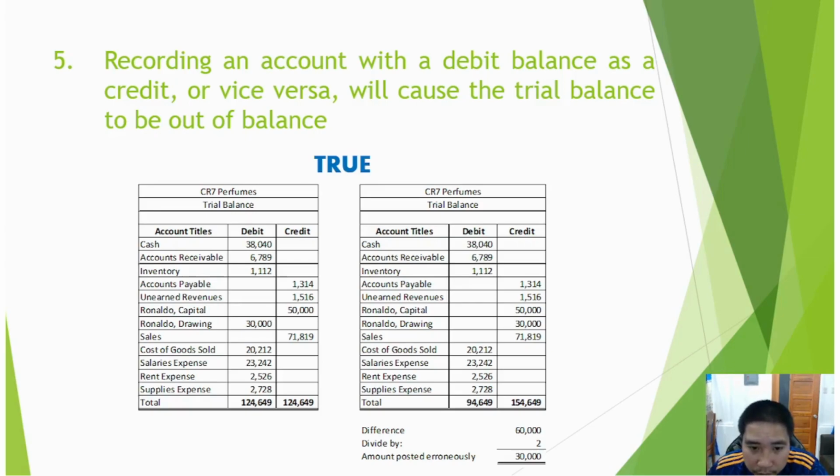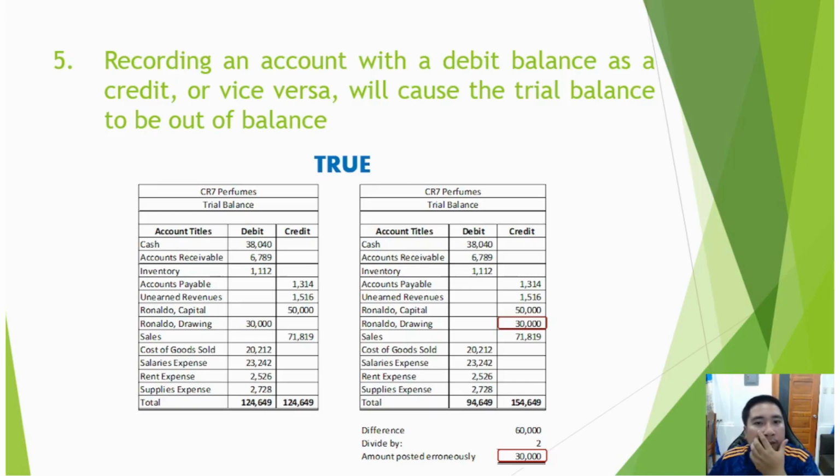And true enough, we would see that the drawing account of Ronaldo was posted on the credit side when it should have been recorded on the debit column, thereby causing your trial balance to be out of balance. So yes, the answer is true.